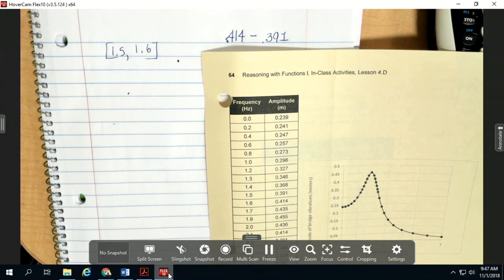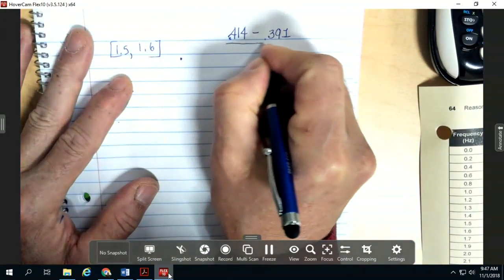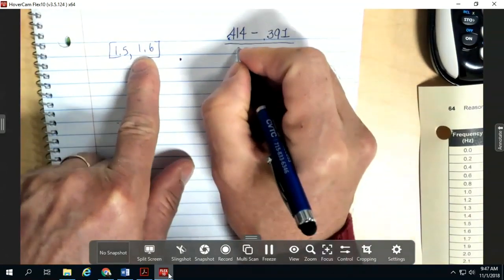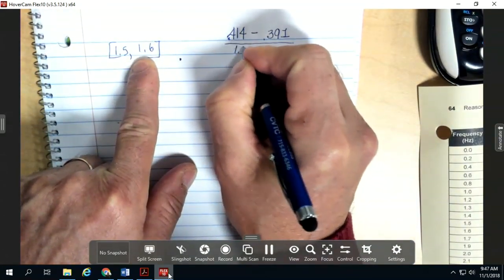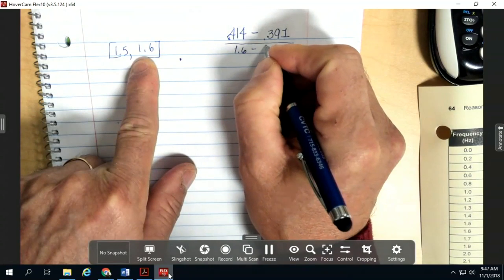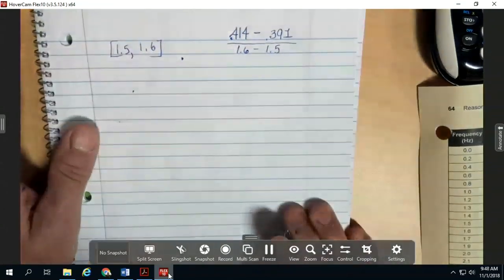You always take the second value minus the first value divided by my second frequency, which is 1.6, minus the first one, which is 1.5.